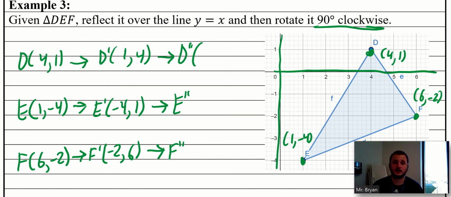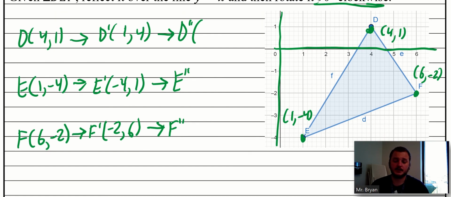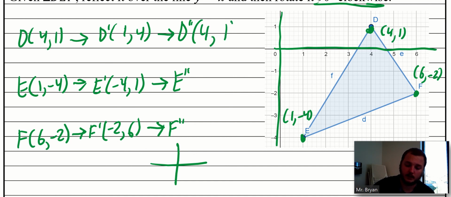Do I change the sign on the X coordinate, or do I change the sign on the Y coordinate? What I would recommend is I want you to visualize where this point is at. So let's start with D here. Let's do our first step, because sometimes students forget this. We have 1, 4. The first thing I need to do is switch them, so change it back to 4, 1. And then we're going to figure out which of these coordinates I should change the sign on.